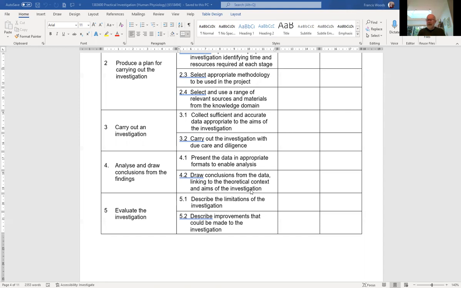That means when you make up your concentrations, they may not be as accurately made up as you think. So that's a limitation. So what you would do is then suggest an improvement.